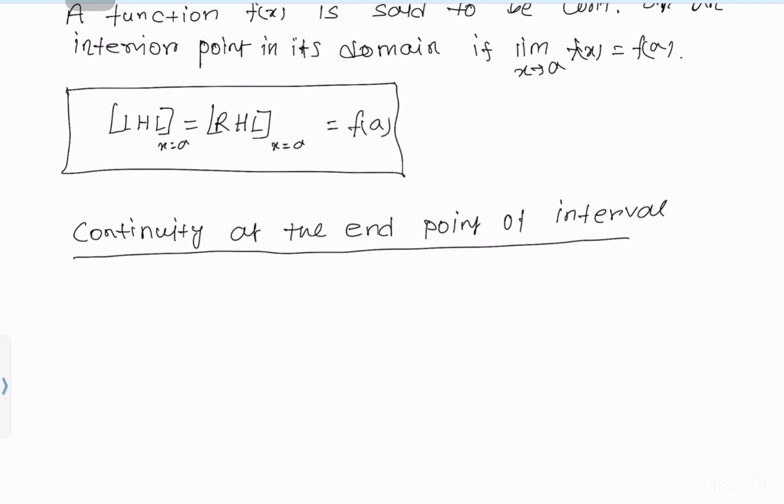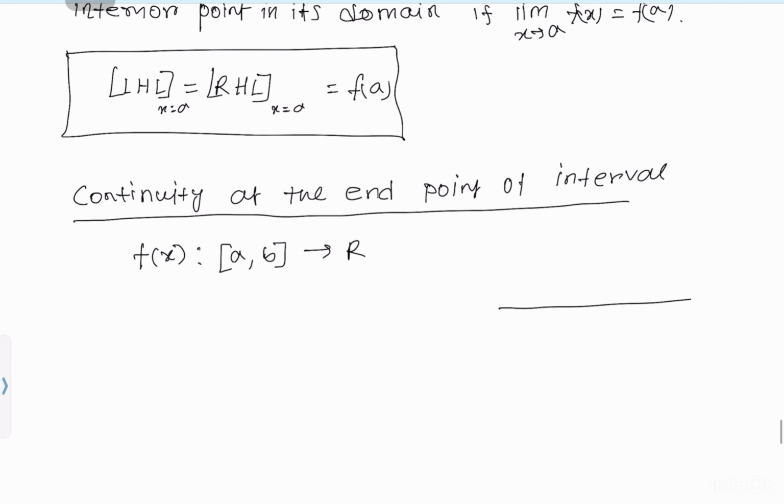Assume the function is defined on the closed interval a b to R, and we have to check whether the function is continuous or not. Interior points mean all points belonging between a and b. If I draw it, assume this is my function and this is my interval a to b; all points in between a and b are called interior points. Clear?